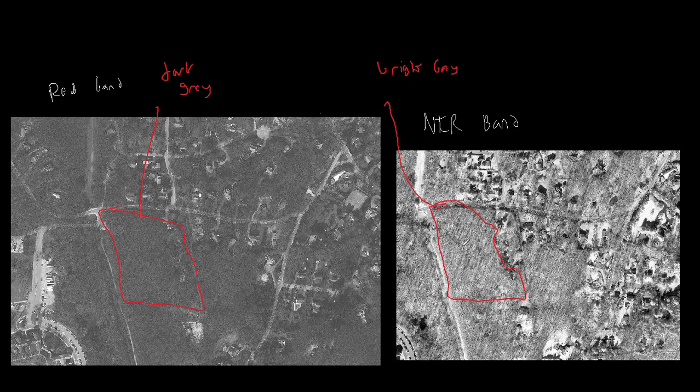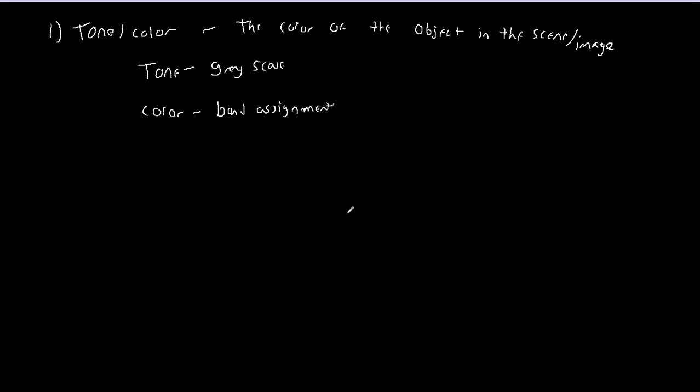And if you know anything about vegetation, you would know: lower in the red, high in NIR. So this transition from dark gray to bright gray indicates that this is likely vegetation. And if we had a true color image, you would see that this is in fact vegetation.